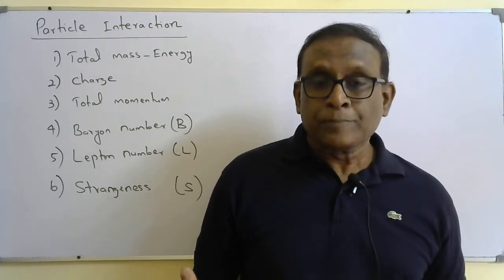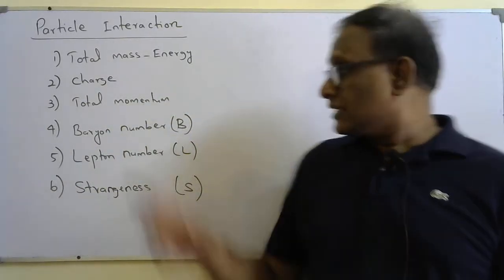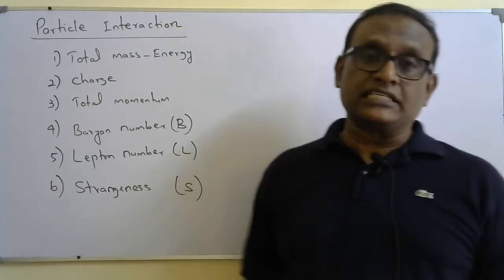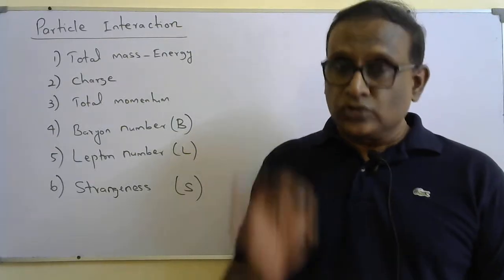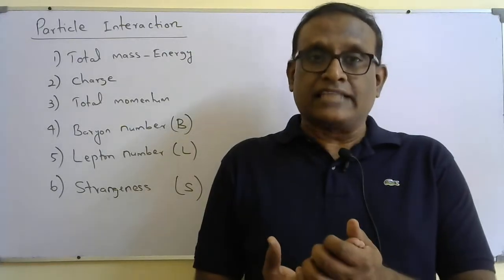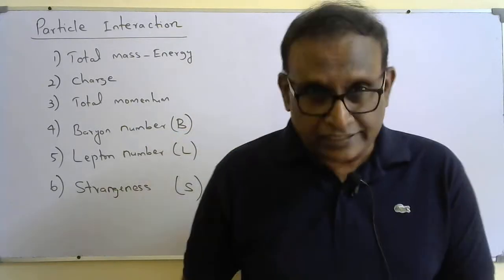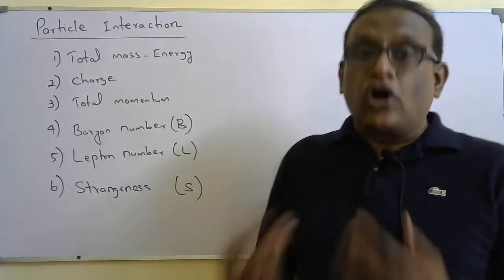So during all strong nuclear force interactions, all six must be conserved. If an interaction occurs due to strong nuclear force, for example a fusion reaction, that is called a strong interaction.